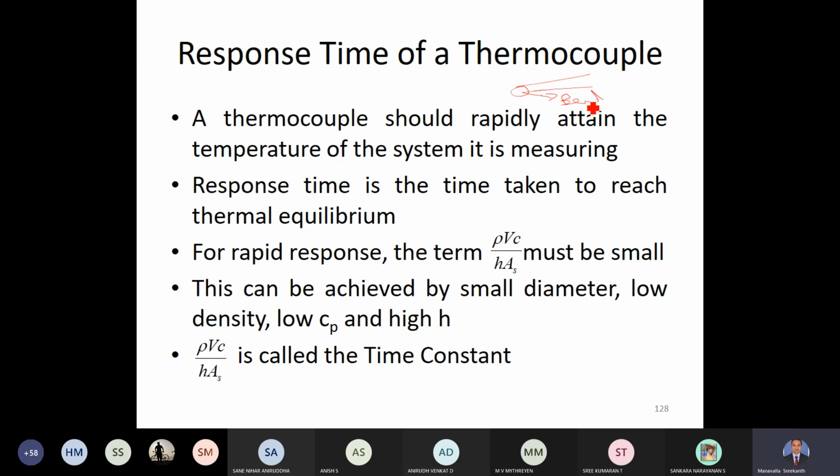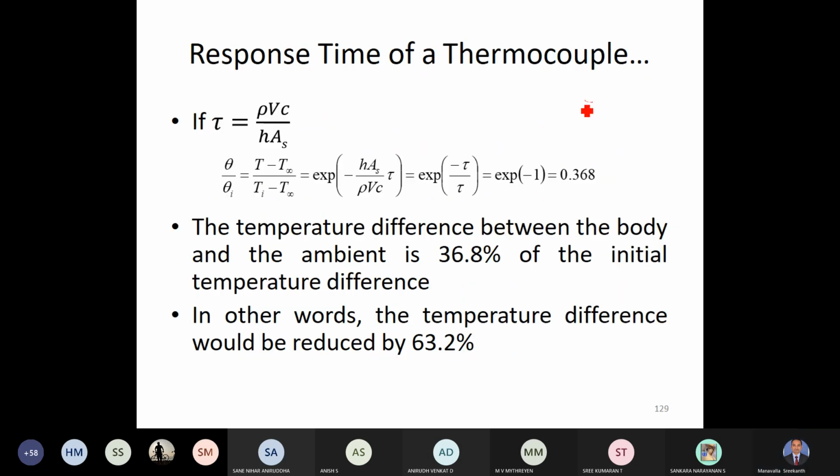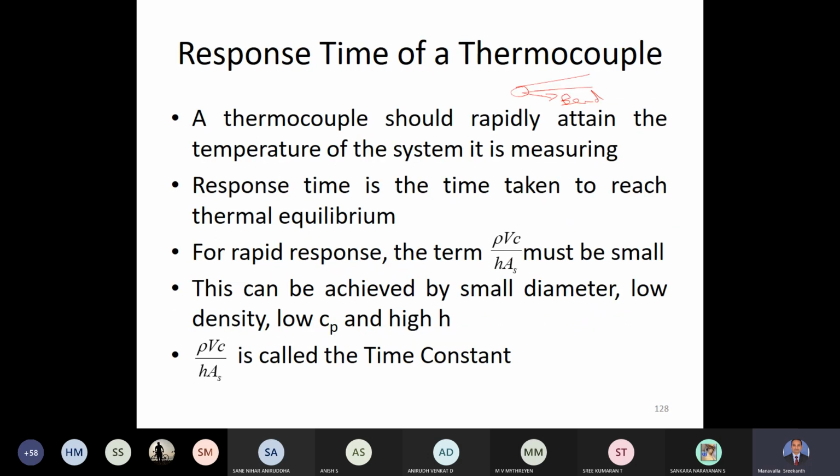The bead of the thermocouple is supposed to be as small as possible. It's a sphere of very small diameter. We'll see how this influences the response of a thermocouple. A thermocouple should rapidly attain the temperature of the system it is measuring, so the response time is the time taken to reach thermal equilibrium.